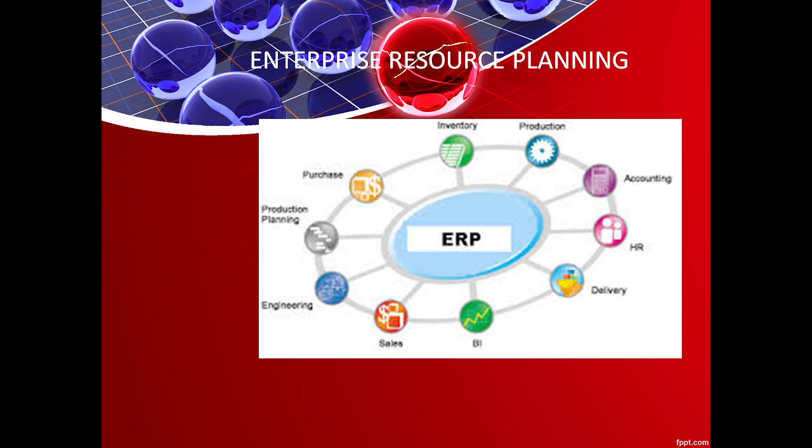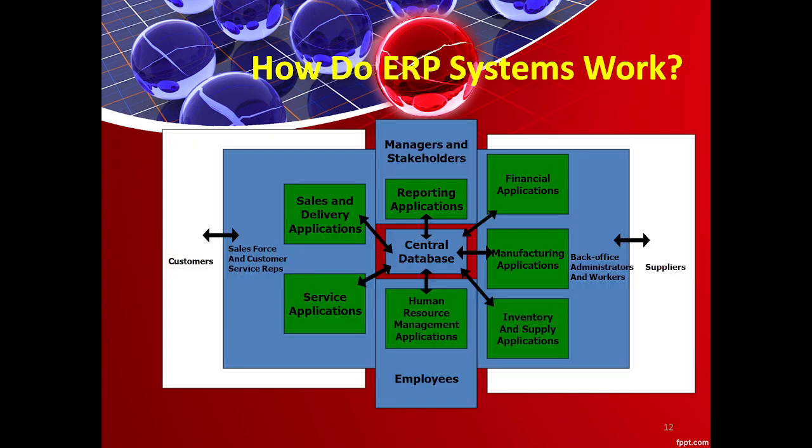Other areas where an ERP system could be implemented are inventory, production, accounting, HR, delivery, sales, engineering, production planning and purchases. All in all, R&D and everything comes under this ERP network.